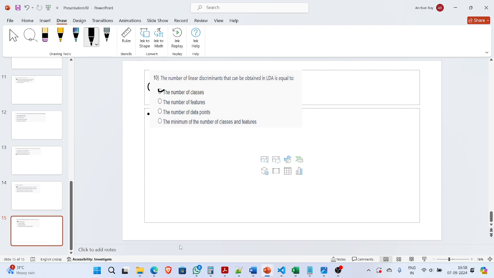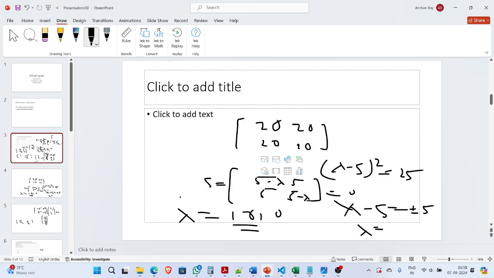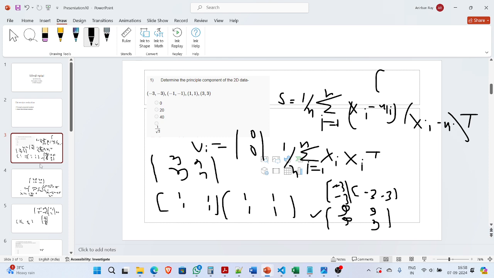Okay, so this is it, and let's go back to the first problem. Let's see if we have done the calculation right or not. So the mean is 0 here. So this is what it becomes.